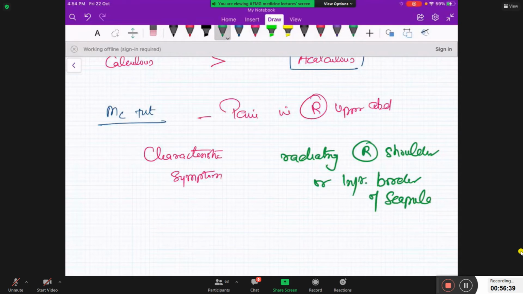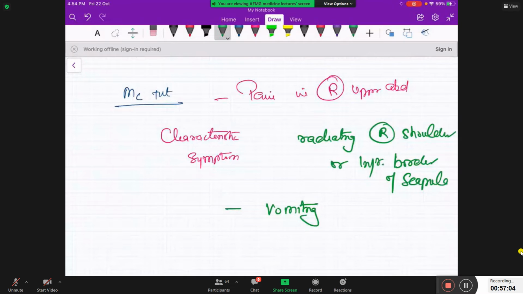Right? Patient can also come to us with vomiting. Patient can also come to us with fever.